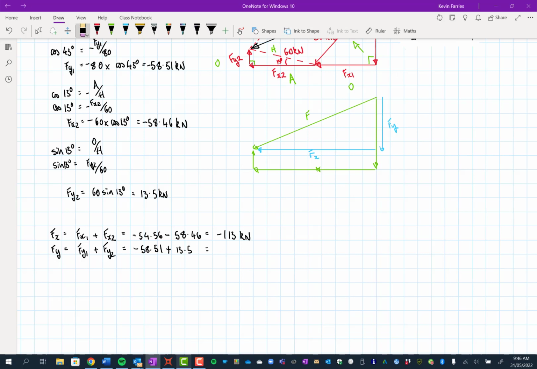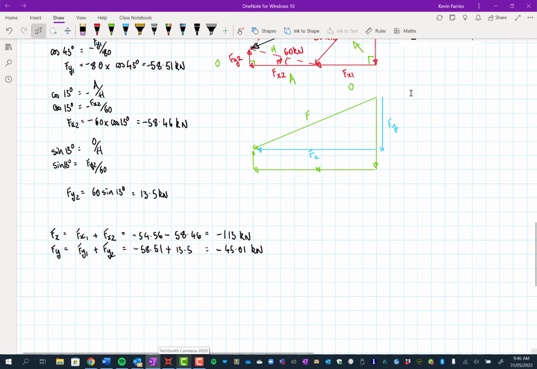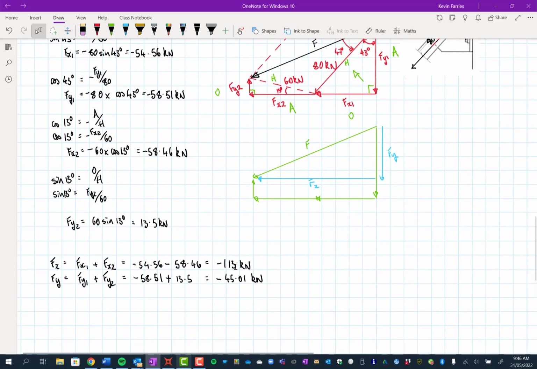Try and make that actually look like a negative. Just double check that. 45.01, that's all good. Seems sensible, yep. So we've added about 50 to about 50, so we've got minus roughly about 100, so a bit more. And then for this one, we've got negative 58, but then we're going to add 13.5, so it looks sensible.